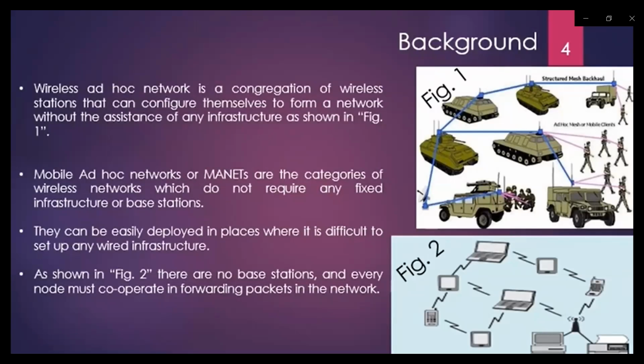Mobile ad hoc networks, or MANETs, are a category of wireless networks which do not require any fixed infrastructure or base stations. They can be easily deployed in places where it is difficult to set up any wired infrastructure. As shown in figure 2, there are no base stations, and every node must cooperate in forwarding packets in the network.